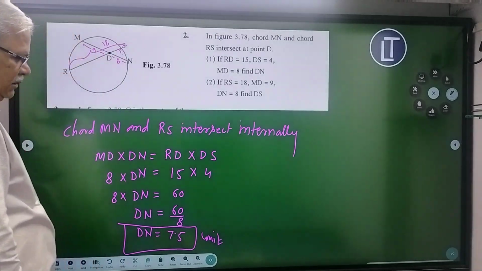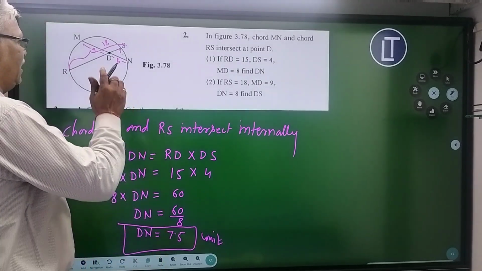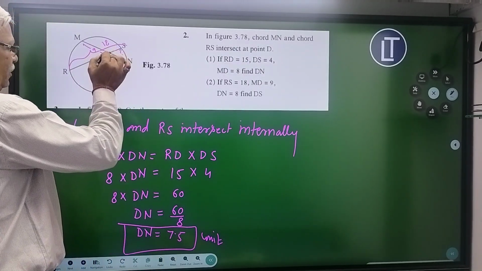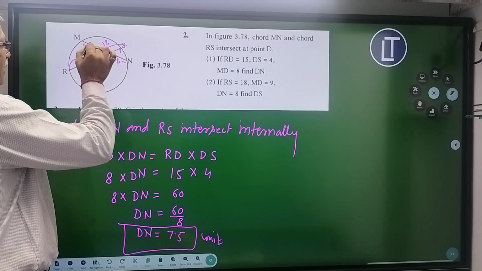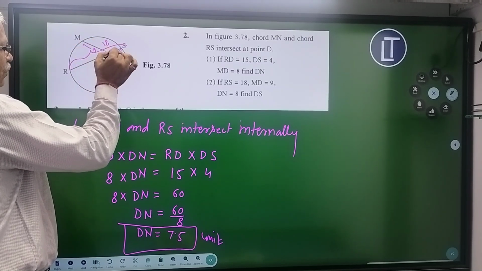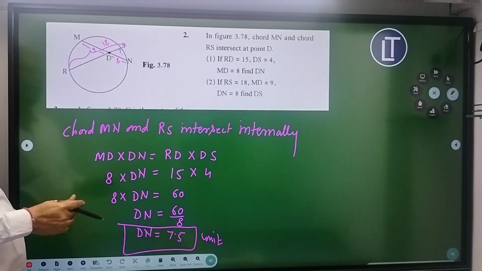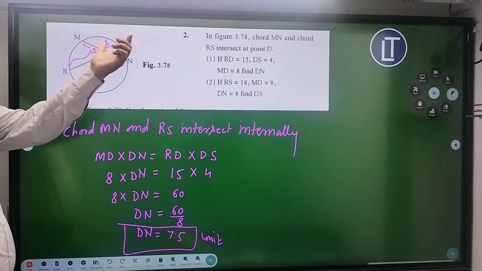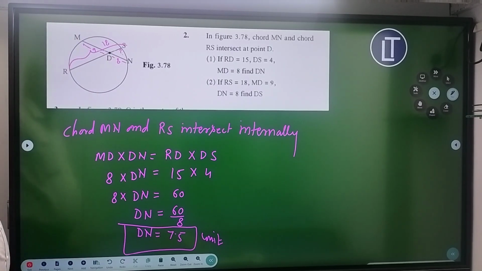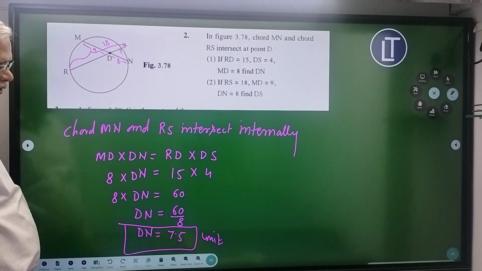Now see here, as I told you, we can take only the distance from D, means we can take MD into DN, RD into DS. But here RD is not given and DS is not given. Then we will let DS is equal to x.